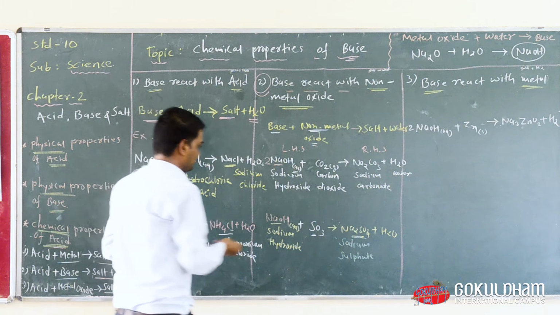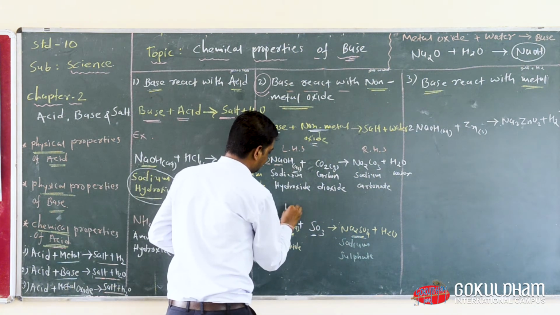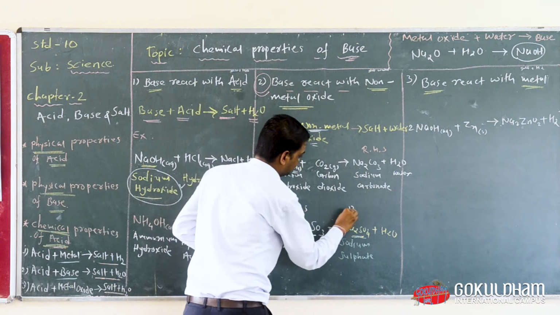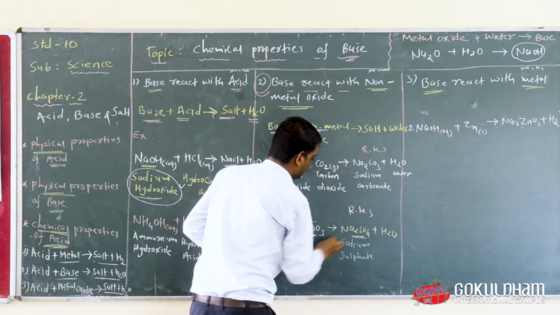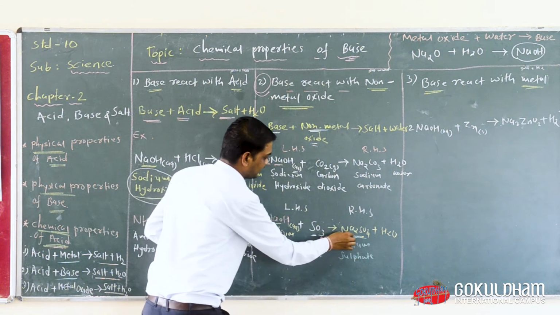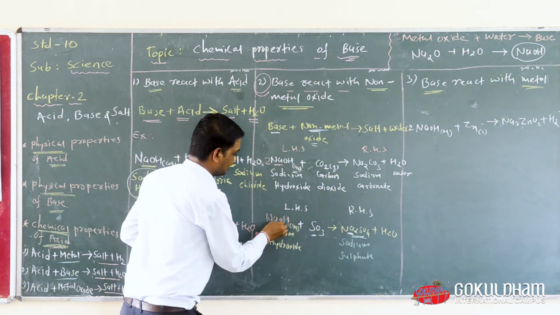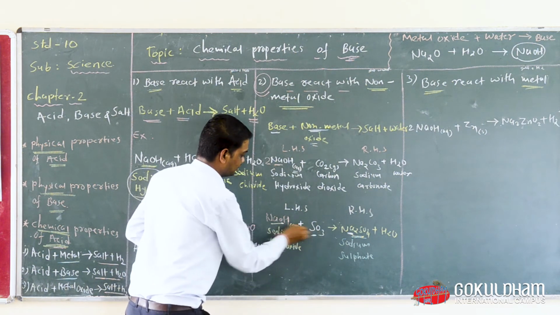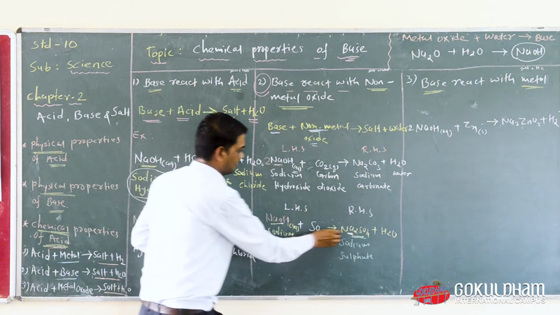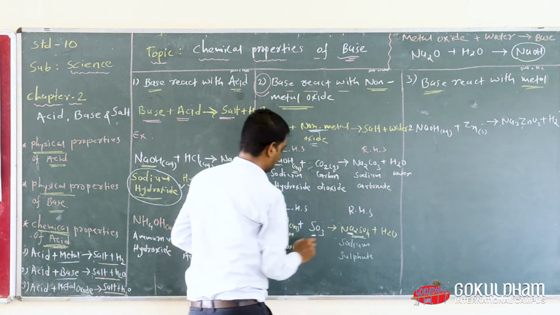To check, we go to the left hand side and right hand side. On the left hand side we have only one sodium, on the right hand side we have 2 sodium. On the left hand side 1 oxygen and 3, so 1 plus 3, 4 oxygen. On the right hand side 4 plus 1, 5 oxygen.